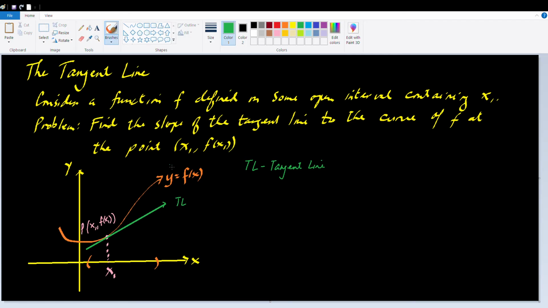Okay. Let us choose another point within the interval and call it point Q with coordinates x, f of x. So it's any point other than P within the interval. The line PQ, we connect P and Q. The line PQ is now called a secant line.